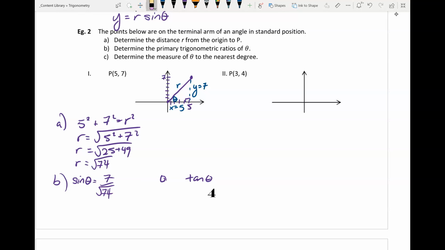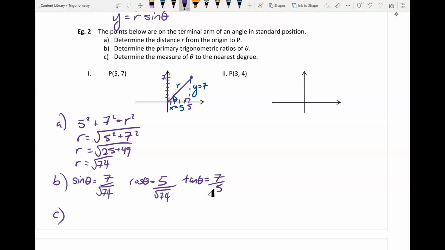For cosine, that's adjacent over hypotenuse. Our adjacent side is 5. Our hypotenuse is r, which is the root of 74. Then lastly, we're going to look at tan, which is opposite over adjacent. Our opposite is 7, and our adjacent is 5.